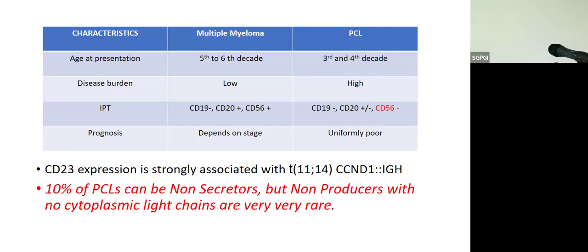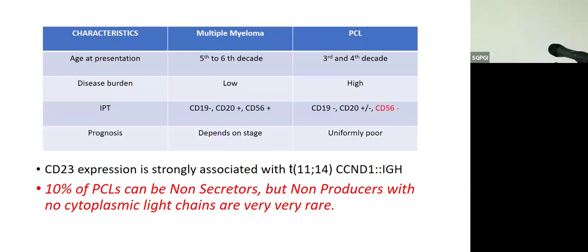And we know that abnormal plasma cells are positive for CD56. Normal plasma cells are not positive for CD56, but abnormal plasma cells in multiple myeloma express CD56. But PCLs lose CD56, and this leads to their dissemination, because multiple myeloma is not a disseminated disease.